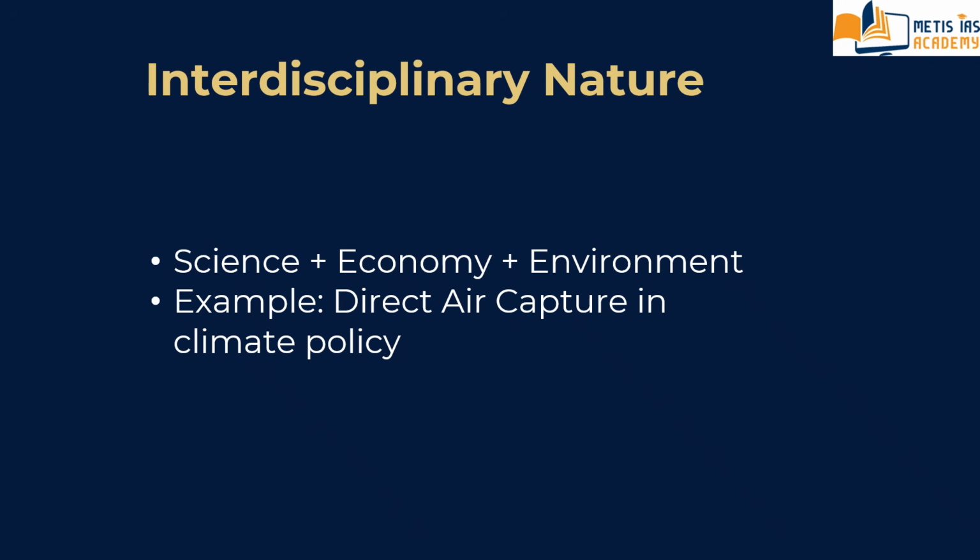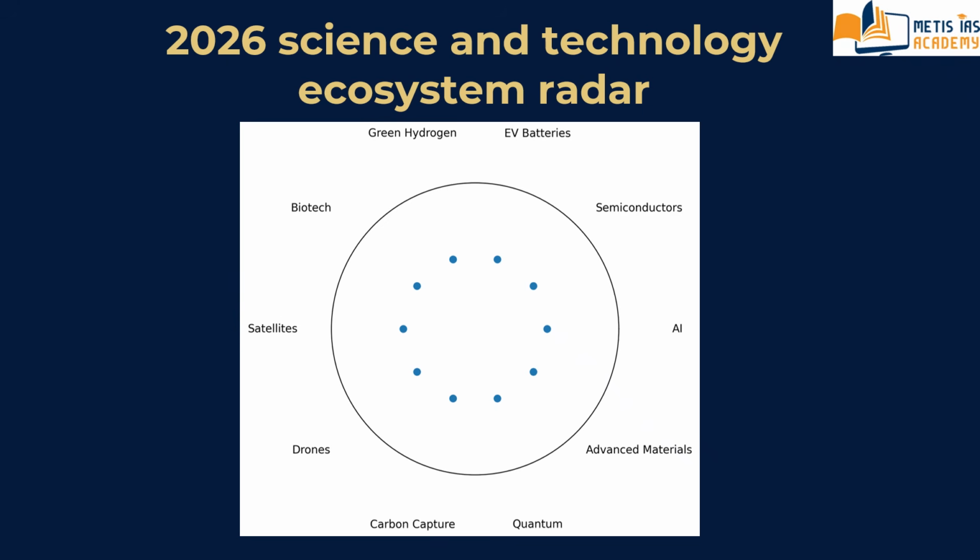At first glance, it looks like a laboratory innovation. But in reality, it appears in discussions related to climate change mitigation, that is, carbon markets and the Paris Agreement. So when UPSC asks about such technologies, the question is not only scientific, it is also about governance and policy implications.